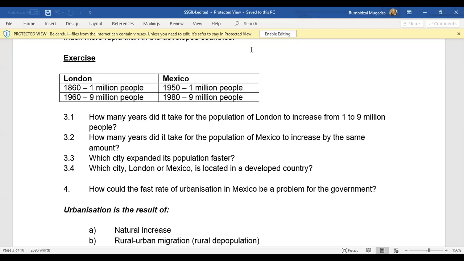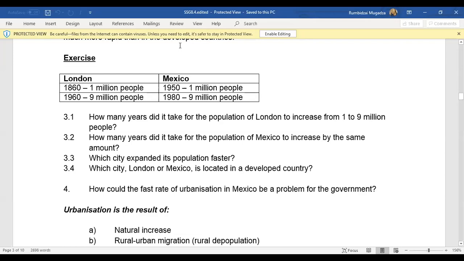There are less people in rural areas. Okay. But what happens in the urban areas when there are more people? There is crime and less employment. That's very good. That's the answer that I was looking for. Overcrowding, yes, thank you.